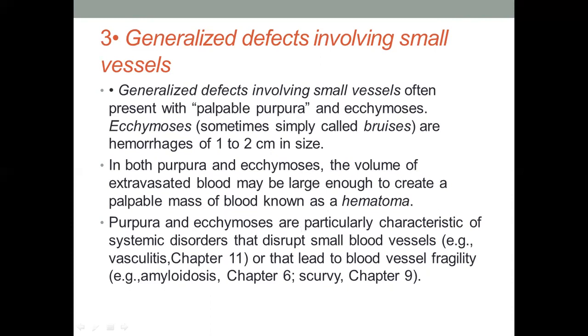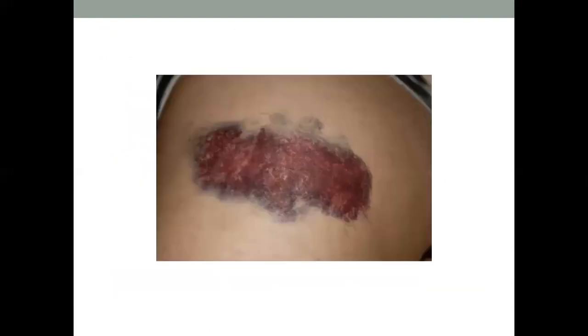These are generalized defects involving small blood vessels. So this is ecchymosis, very much larger, greater than 1 or 2 centimeters.